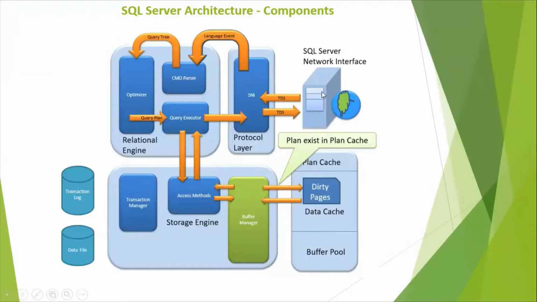Once it is wrapped into a TDS packet at the client side, it will be sent to the server side network interface with the same TDS packet, because the server and client should understand what we are sending through the network. This is the protocol layer.